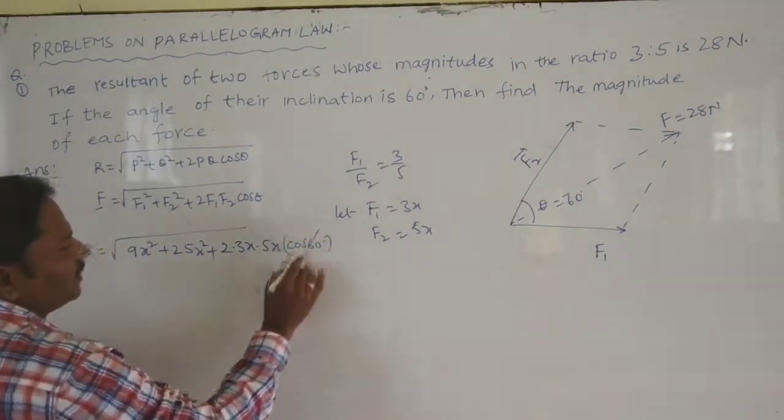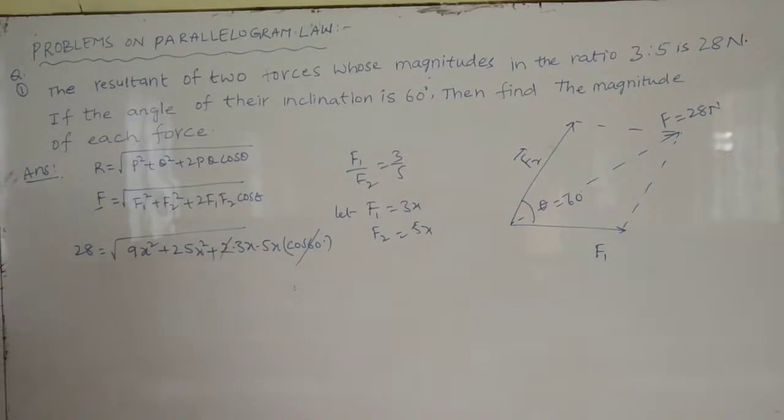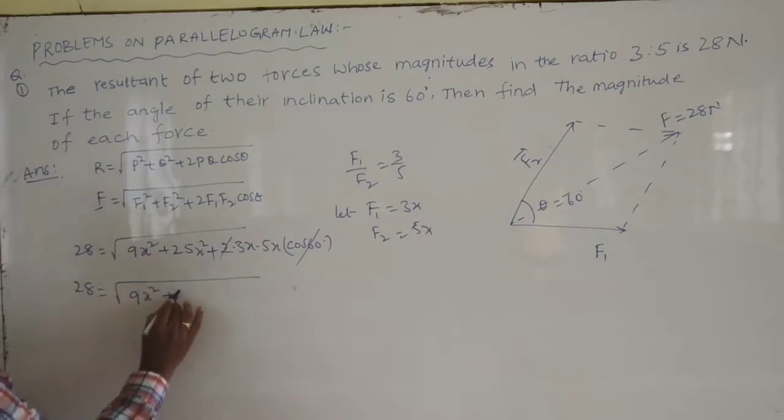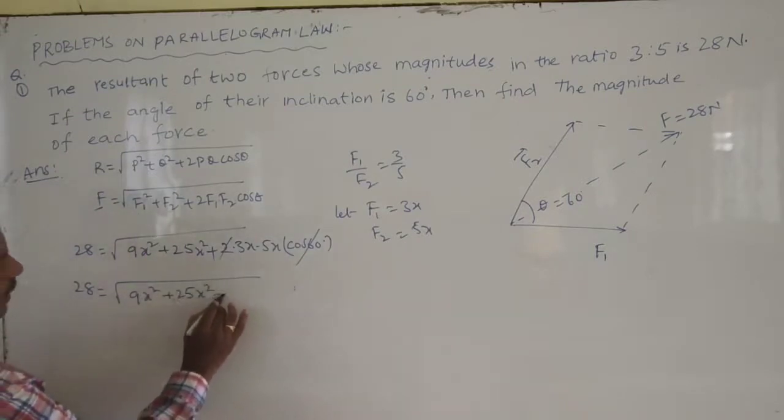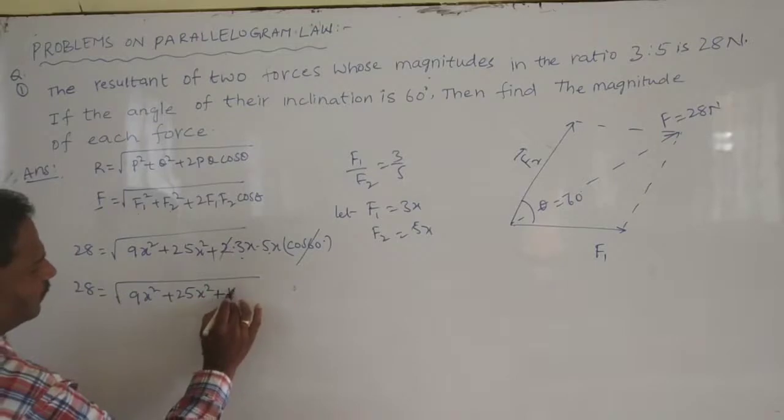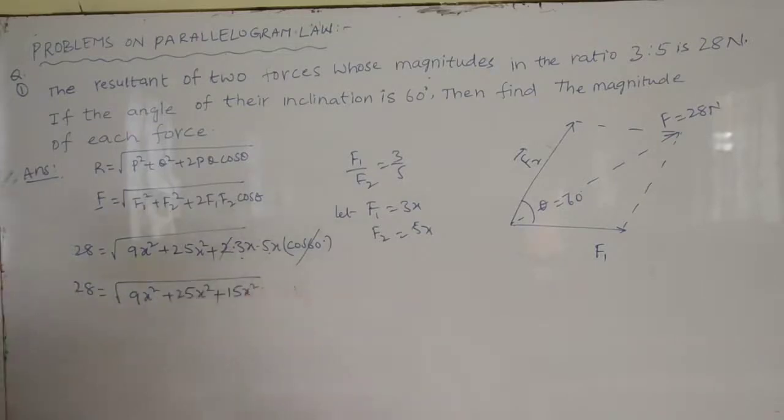Cos 60 is 1 by 2, cancel. So 28 equals root over 9x square plus 25x square plus 15x square.